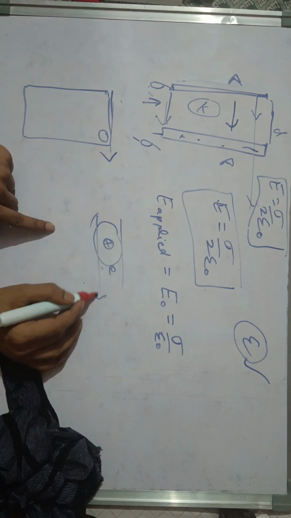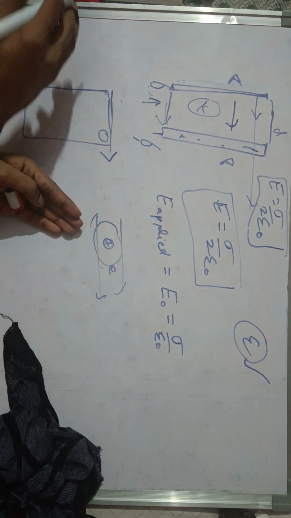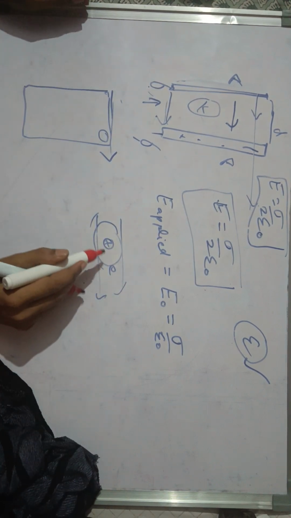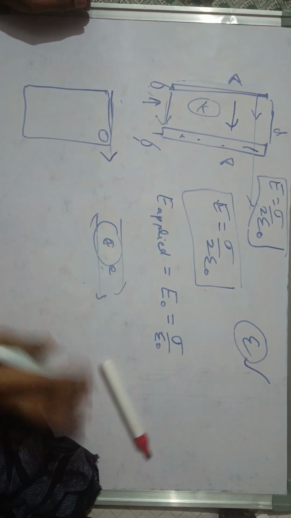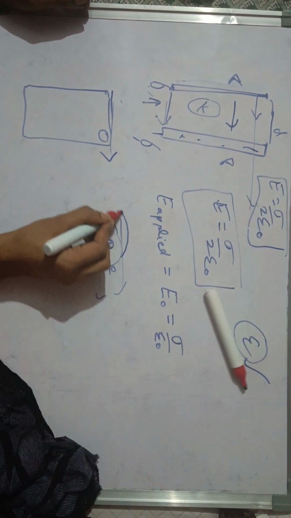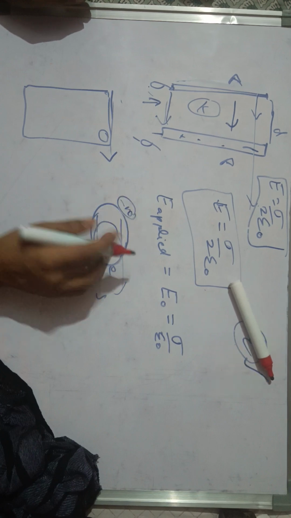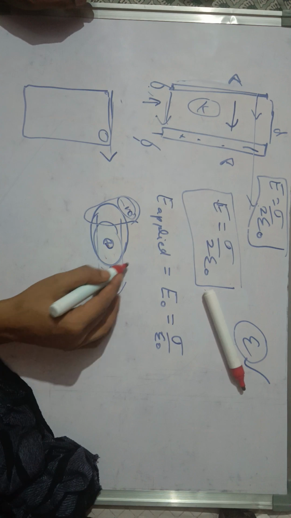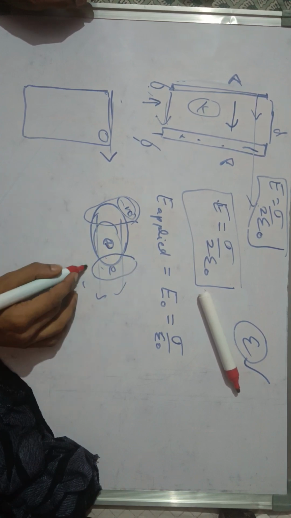When we provide an electric field, the electrons are pulled in the opposite direction and the positive charge is forced in this direction. So the positive charge will remain at its place, but the electron will get shifted toward this side. So this will get polarized: this side will become a little bit negative, and this side will become a little bit positive.